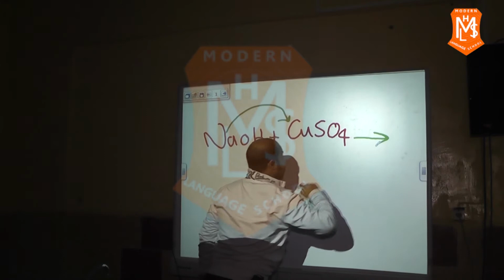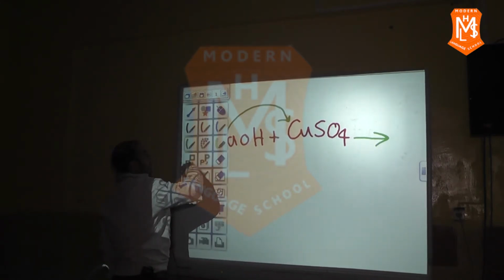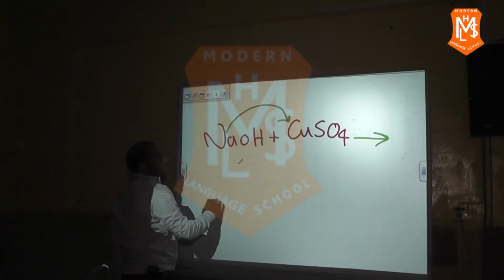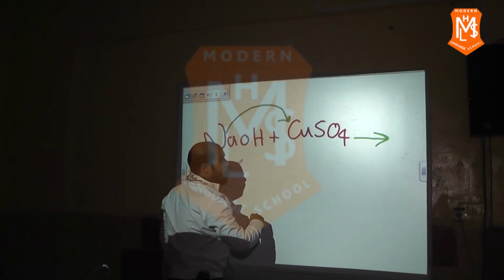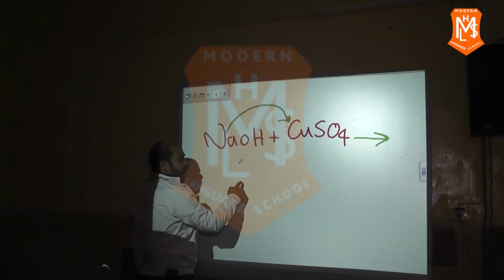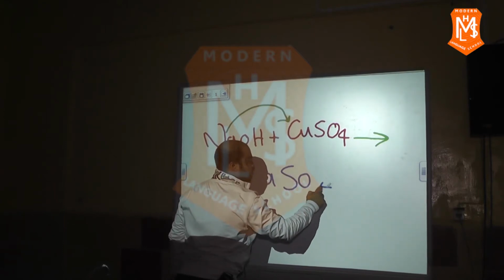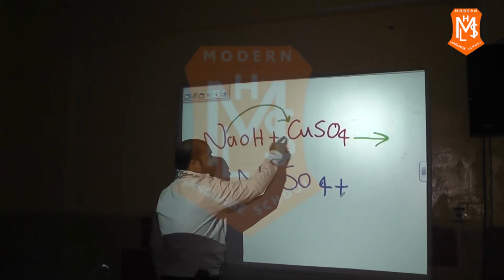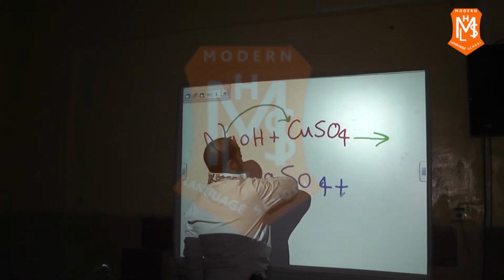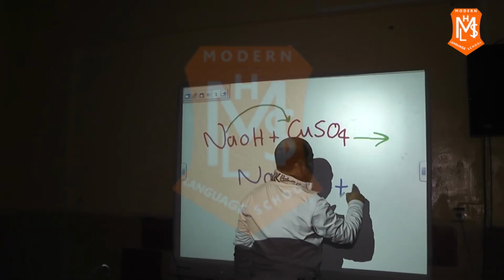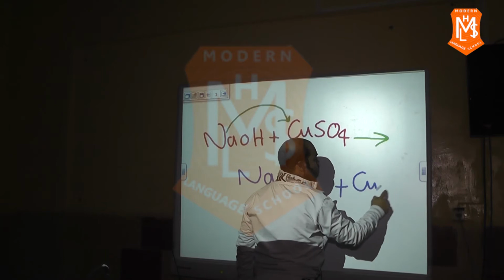Sodium takes the anion of copper sulfate, Na SO4, and copper takes the hydroxyl of the base, CuOH.